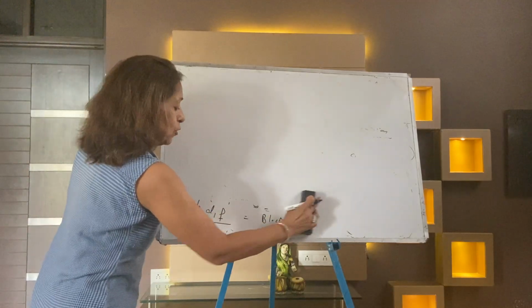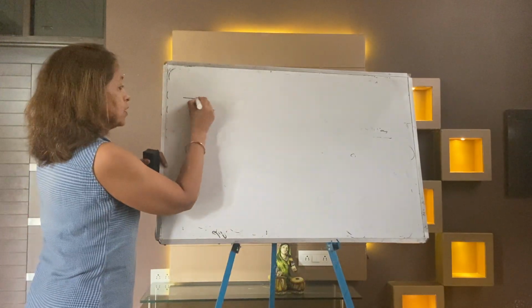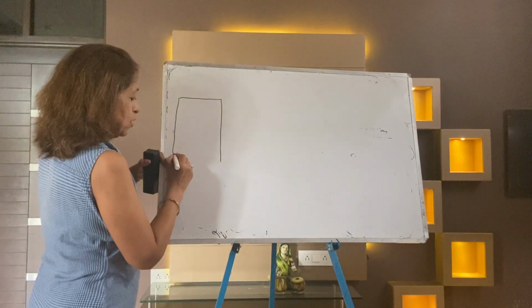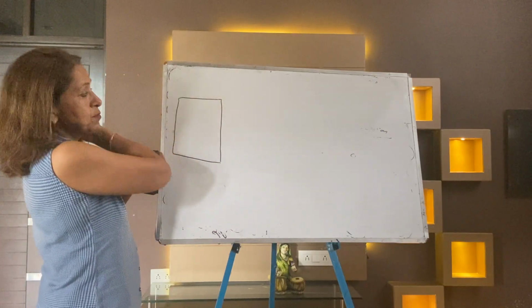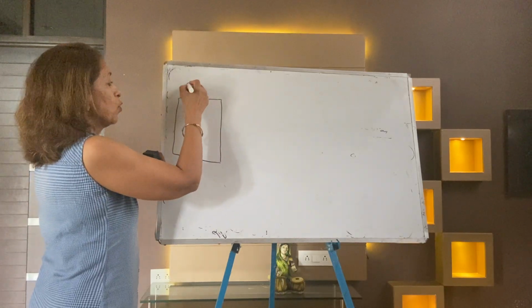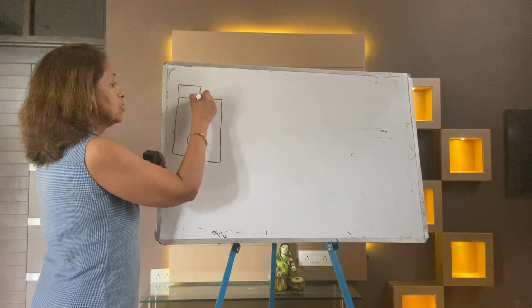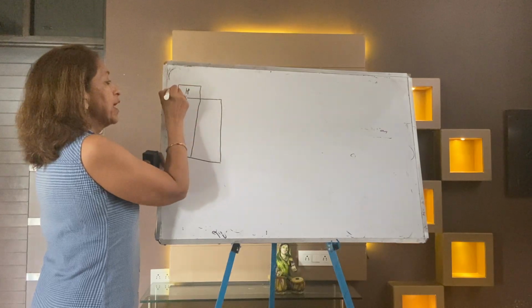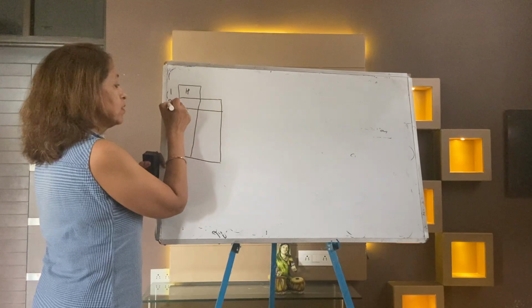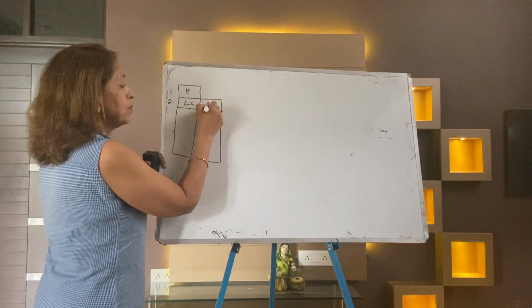Now I'm taking the periodic table a little bit. This is your S block. In the S block there are 2 groups, group number 1 and 2. This is hydrogen. Hydrogen lies in period 1. This is your second period with lithium, beryllium.